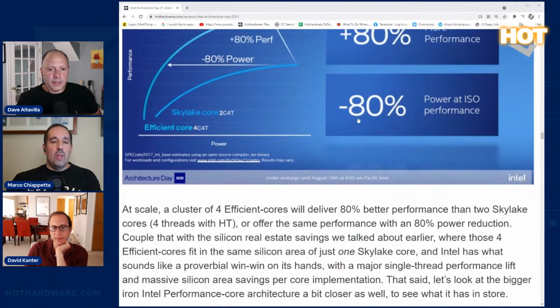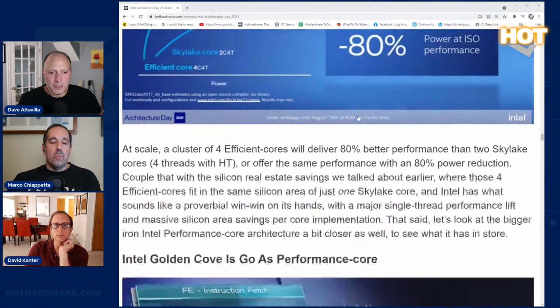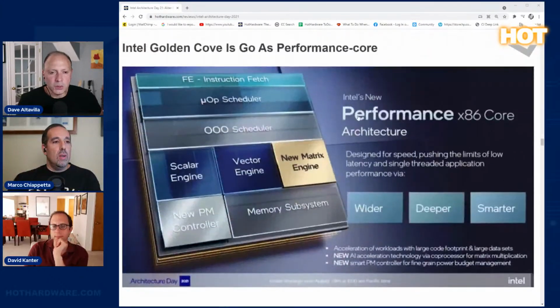We should move on to the discussion of Golden Cove and the performance core. And Marco, I'll ask you this question as well. How do you think this plays out when you're talking about 8 efficient cores and 8 performance cores in a 24 thread configuration, because your efficient cores are single threaded?